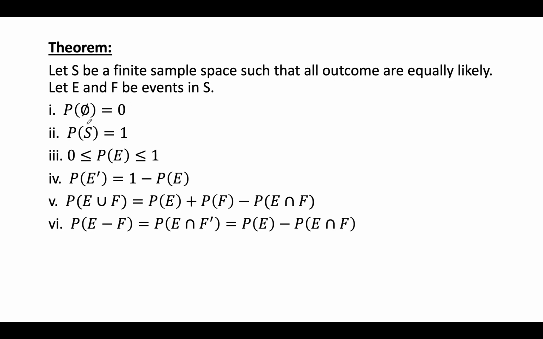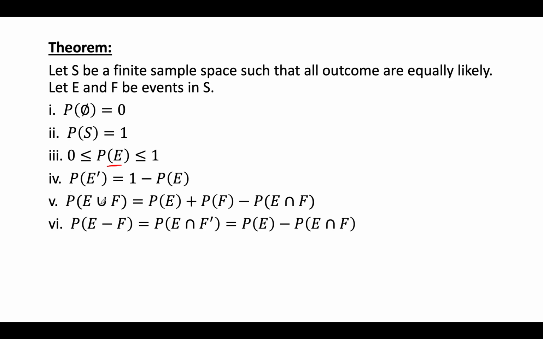The probability of S, which is the whole sample space, is equal to 1. Now the probability of any event from this sample space is between 0, no occurrence, and 1, full occurrence.